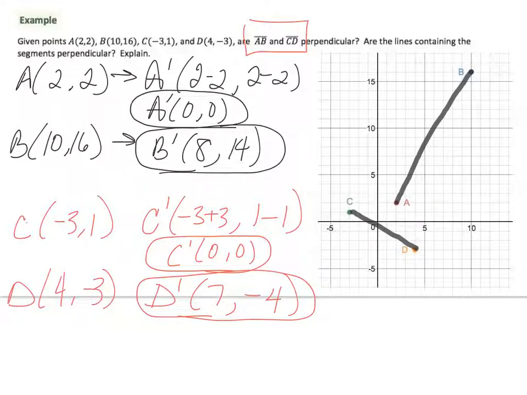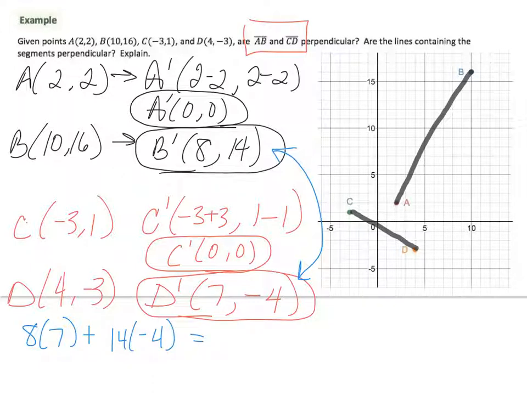So let's see if AB is perpendicular to CD. So these are the 2 points that I'm going to do my fun little math with. Let's do 8 times 7 plus 14 times negative 4.